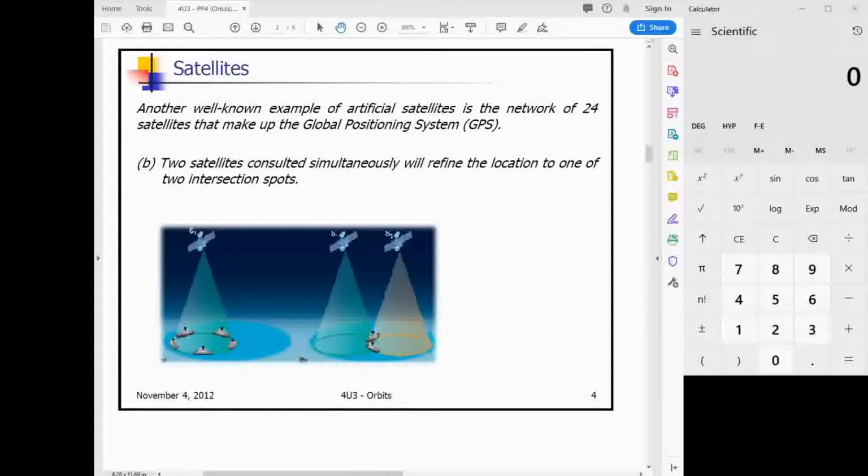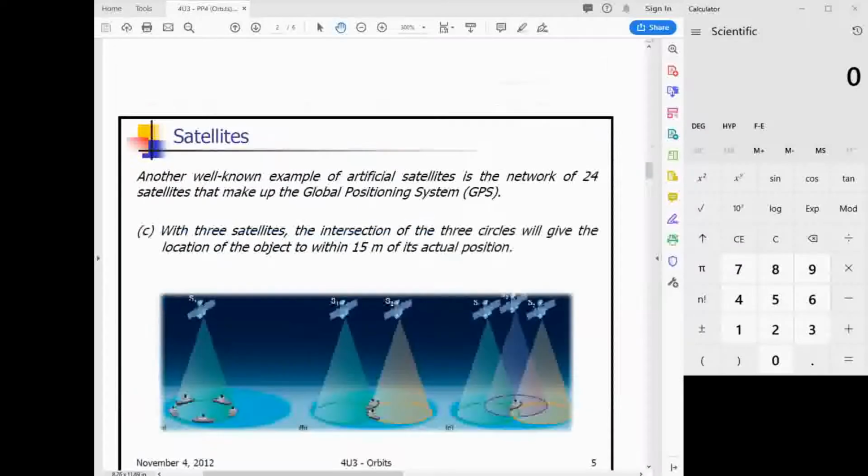Although now we have 2 satellites that are detecting 2 circular ranges of a possible location. The 2 points where those circles intersect, because 2 intersecting circles will always intersect at 2 points unless they're directly touching each other. We've now narrowed down the location of this boat to 2 spots.